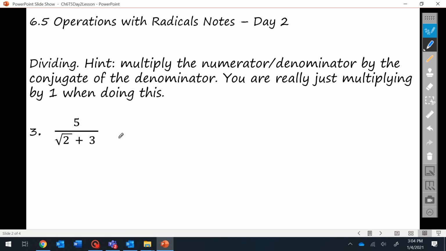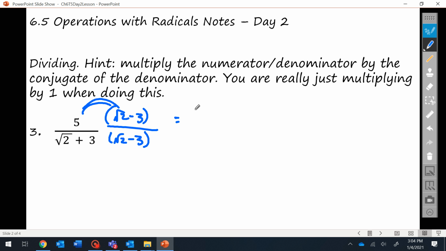The first step is to multiply the numerator and denominator by the conjugate of the denominator. The denominator is square root 2 plus 3, so the conjugate would be the same thing, except with a minus in between. So this would be root 2 minus 3 over root 2 minus 3, which is just 1. So we'll multiply the numerator by that, and we'll multiply the denominator by that.